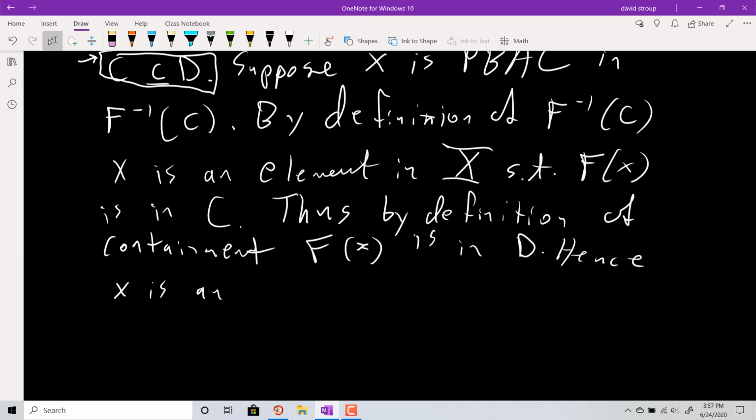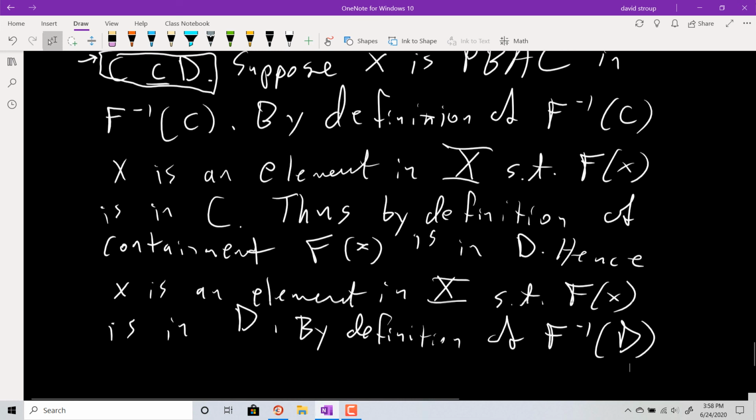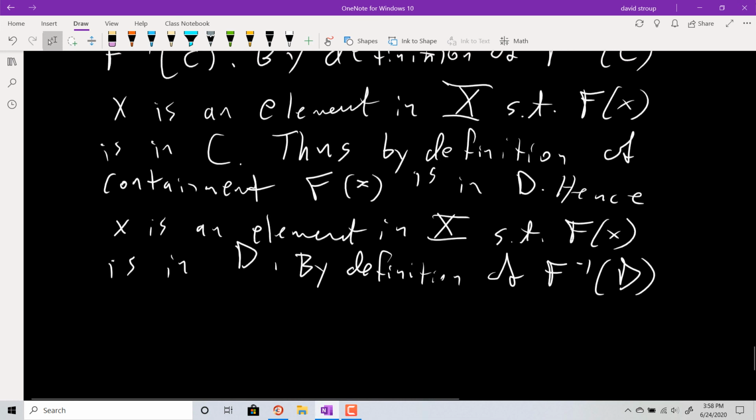And then we could say hence x is an element in the domain such that big F of x is in D, and by the definition of big F inverse of D, that means that x is in big F inverse of D. Big F inverse of D is the set of all x in the domain such that f of x is in D, right?